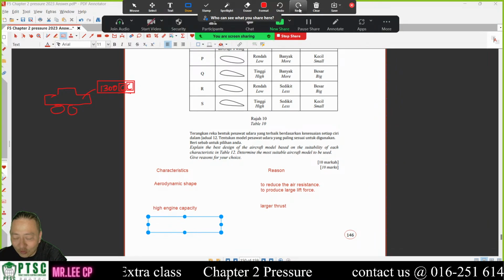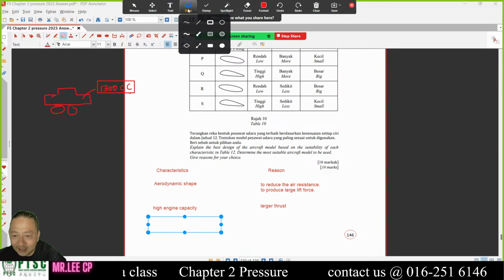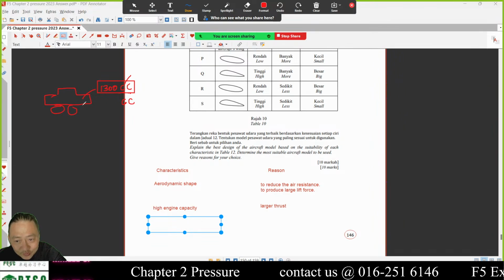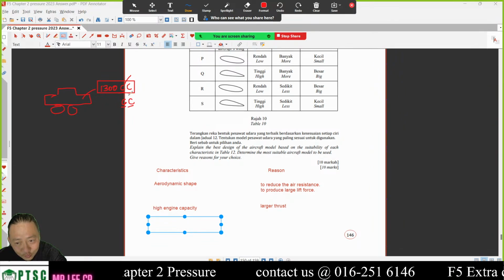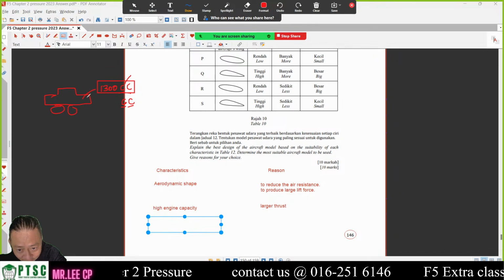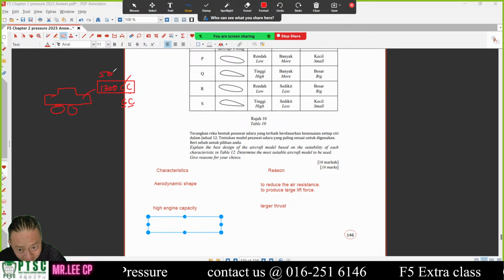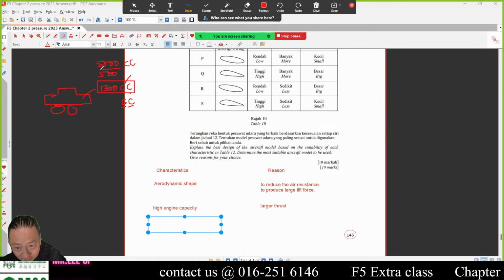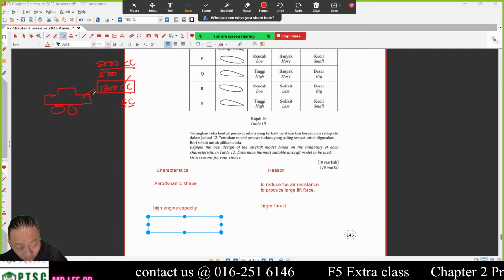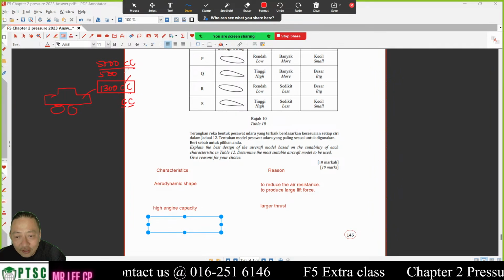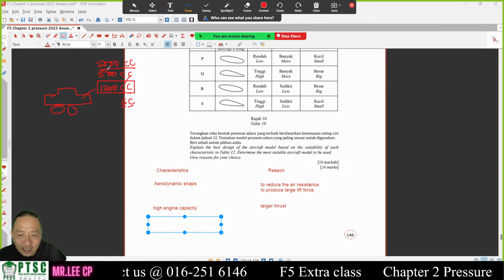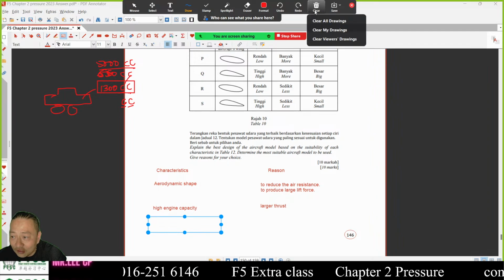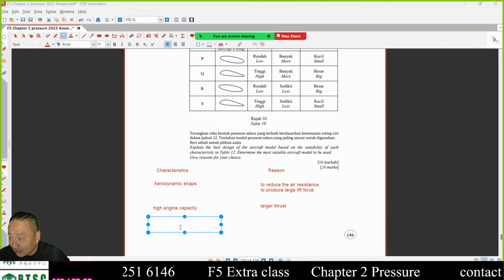No one of us knew how to answer. This cc stands for cubic centimeter, so this is volume. If the volume of the engine is big, like 5000 cc, then the power is big. If it is small, like 650 cc, the volume of the engine is small.